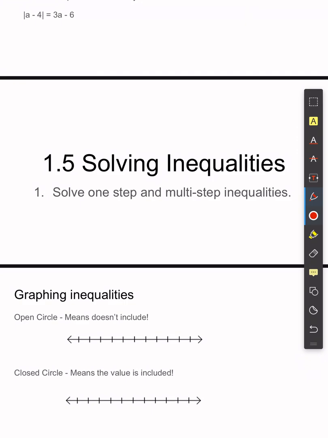So inequality, that word, just means something that is not equal, right? Two things that are not equal to each other are inequalities. So if I have something that's less than or greater than something else, that is an inequality. You've probably heard that word in the news lately.